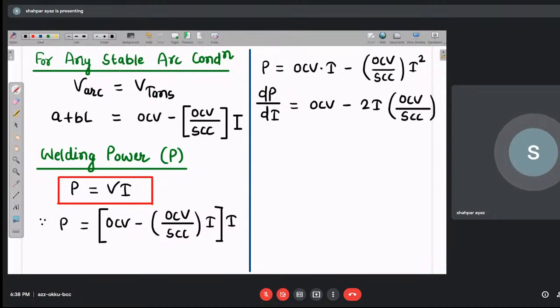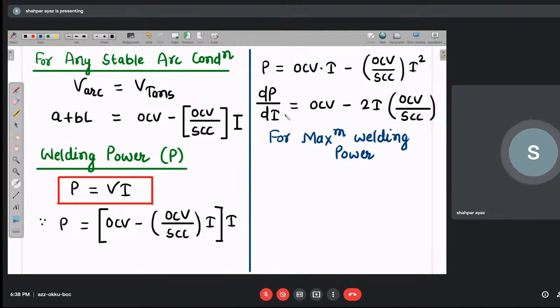So for the maximum welding power condition, suppose you don't put the value of V here, then you have to put I in terms of V. Then the function will have only one variable, voltage, and you can differentiate power with respect to voltage.